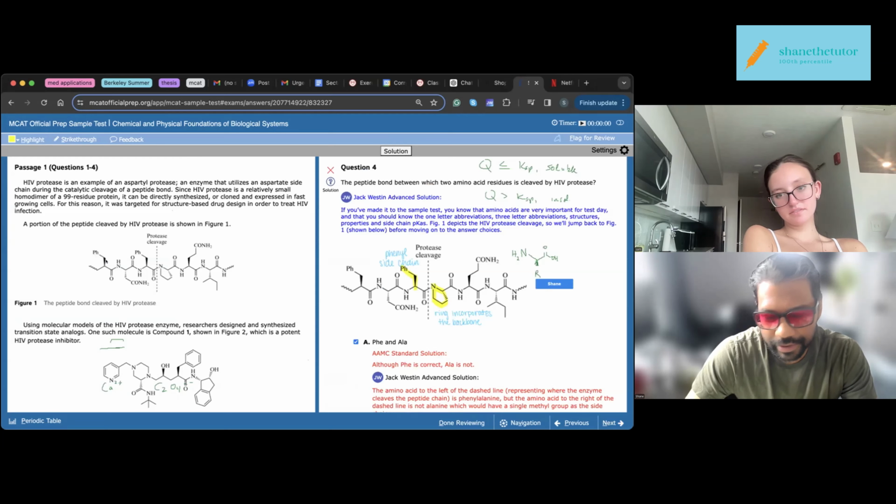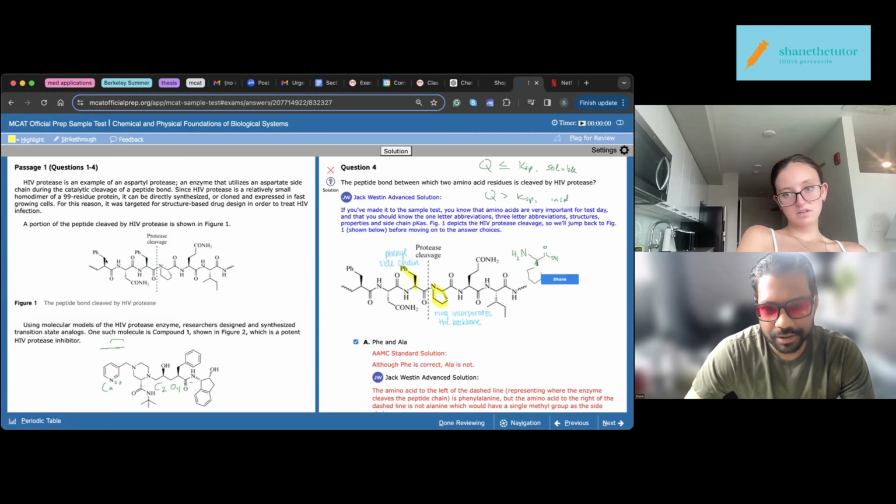Now, if the R group here is a benzene, that'll be like tryptophan or phenylalanine here. I'm missing a carbon here, but it would be like this.